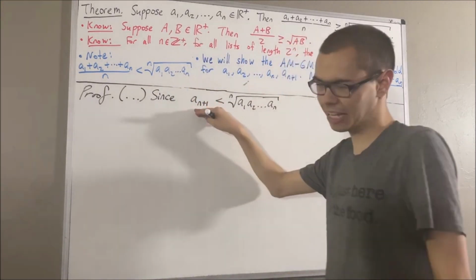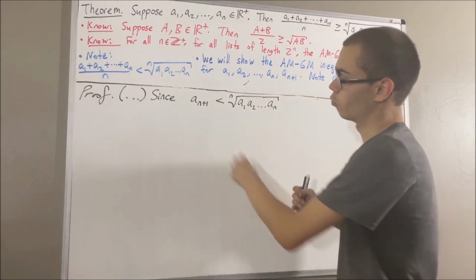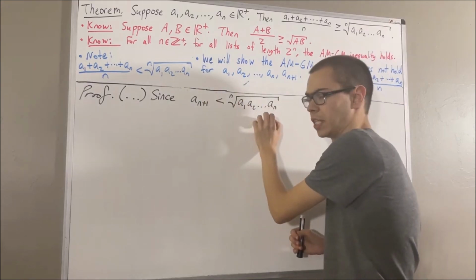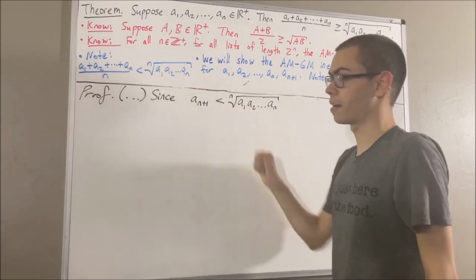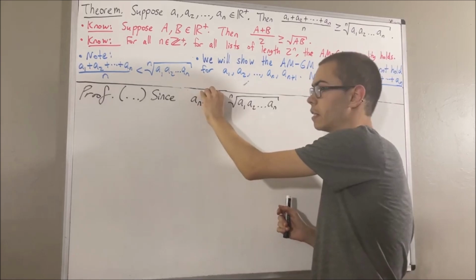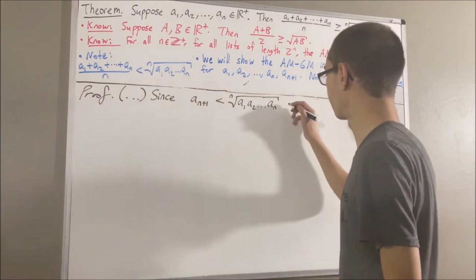And since an plus 1 is less than this, we know that these are both positive. So if we raise both sides of this inequality to the power of n, the inequality remains the same sign. So we have that an plus 1 to the power of n is less than a1 times a2 times ... times an.